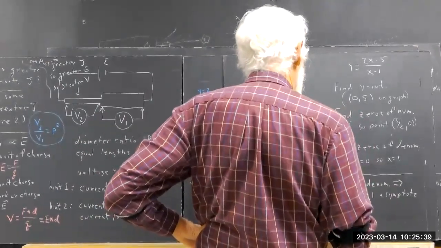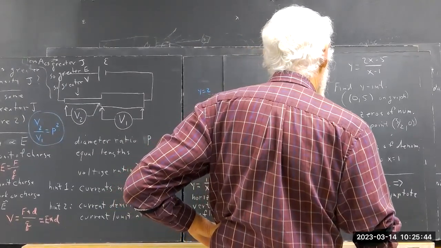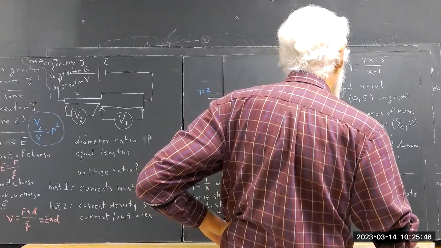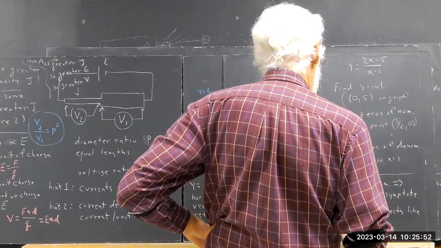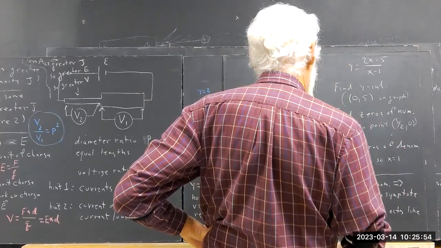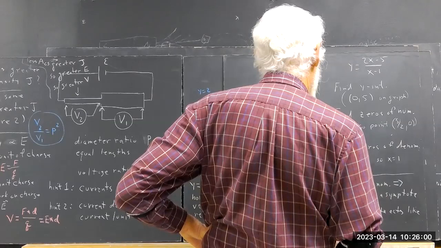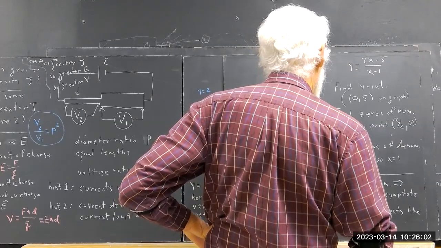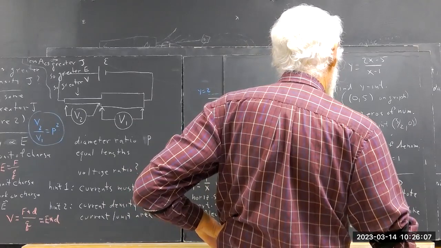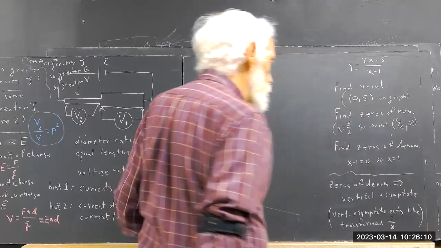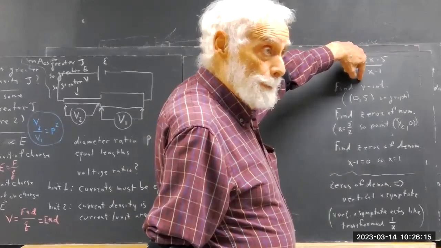And in this case, it acts like a transformed 1 over x because you've got something over x minus 1.